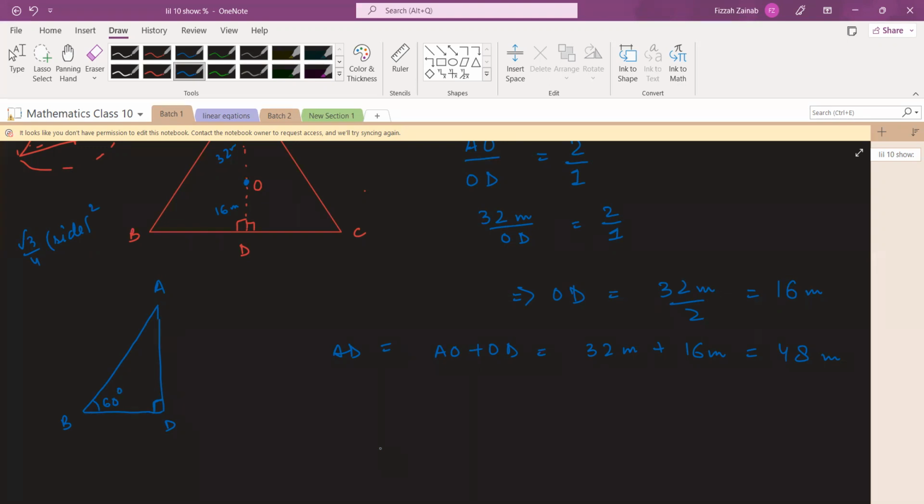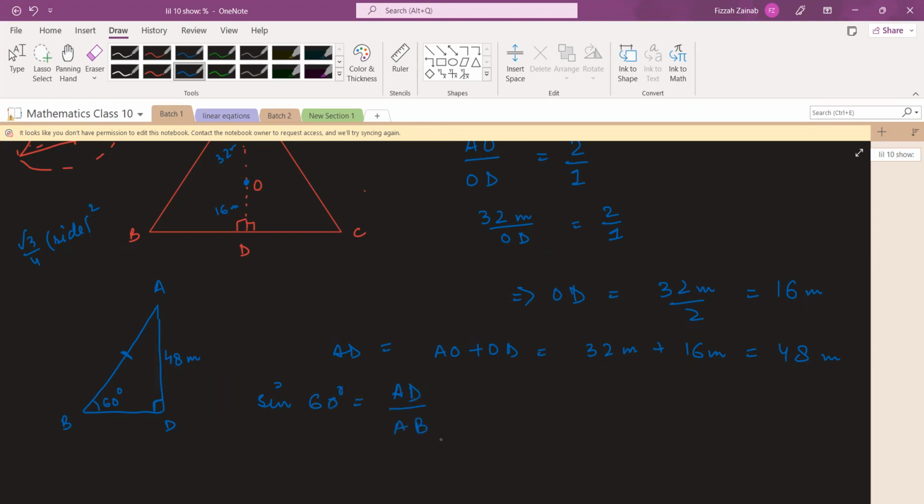I'm interested in this side, so I can use trigonometry, correct? This side I have got 48 meters. One side of a triangle I know, the other side I want to know, and I also know the angle. Simply use trigonometry. AD is the perpendicular, which I know, so I can use sine. Sine of 60 is perpendicular by hypotenuse, that means AD upon AB.